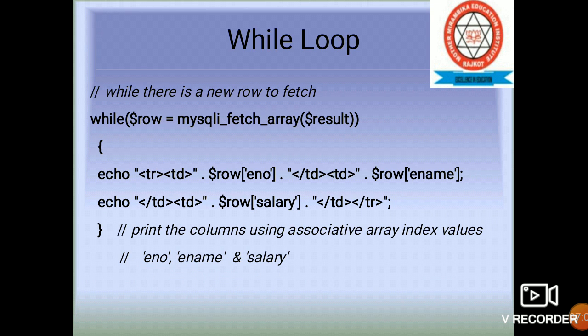So in the next statement, wherever you want to print or access records, you have to use $row instead of the $result variable. Next we are printing echo $row of employee number, $row of employee name, and $row of salary. The whole loop will continue to iterate until the last record is found.